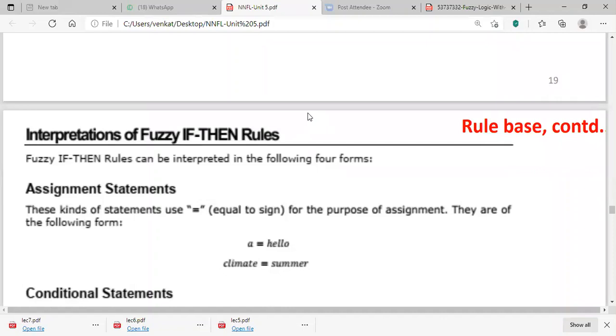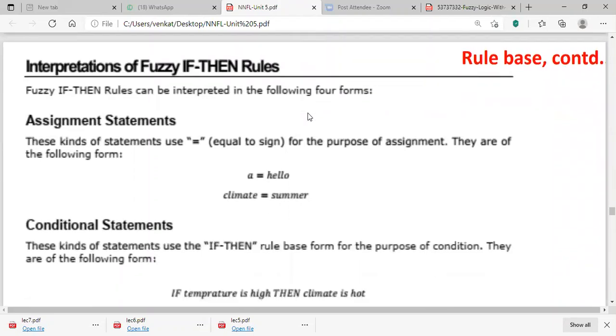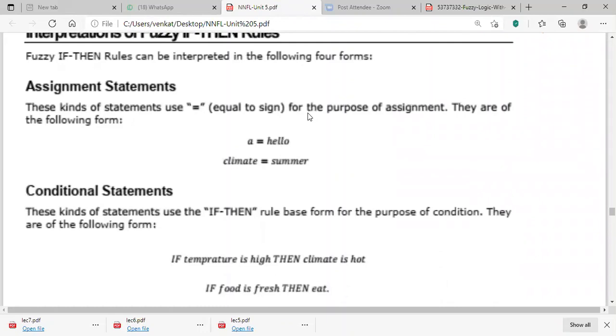They can be interpreted in the following forms. Okay, assignment statement. These kinds of statements use the equal to sign. Okay, assignment statement. A is equal to hello. Climate is equal to summer. Present climate is very hot.